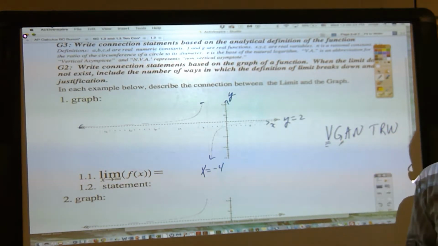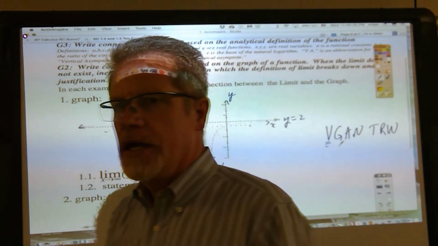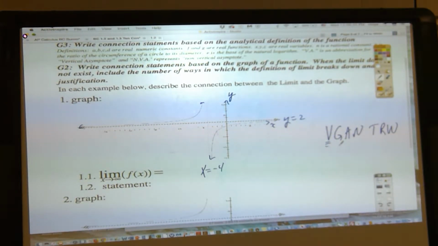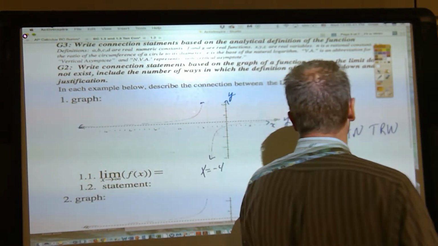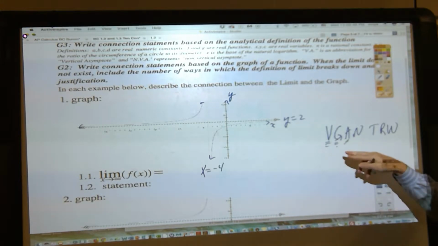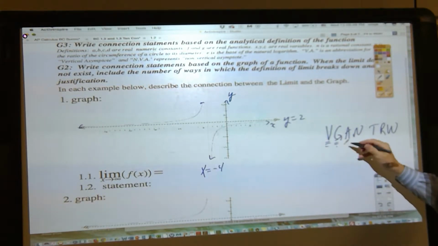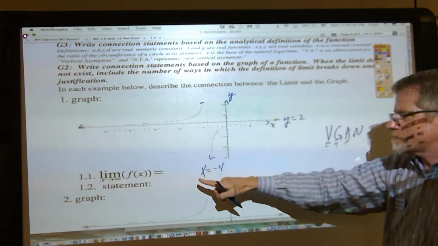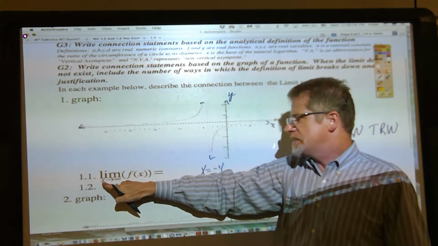Verbally, a limit is an output value of a function. It's like a y value. The limit is a y value. No, it's y's. That vertical axis is not always the y-axis, but in general it's an output value. That's what it is verbally. So graphically, you'll be looking for the y-coordinate, and that's what we're doing here: the limit as x approaches infinity.